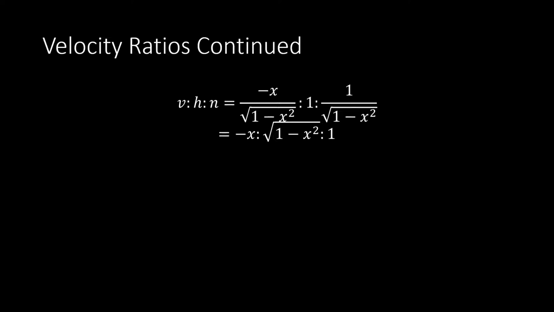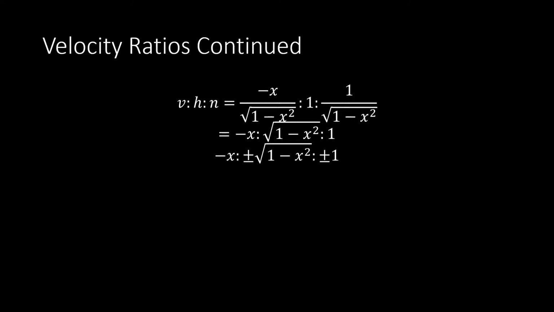So this would be saying that if the net speed of something going around a unit circle is 1, then the vertical speed is equal to the negative horizontal position. But since every term had a surd in it to begin with, we must do plus or minus.